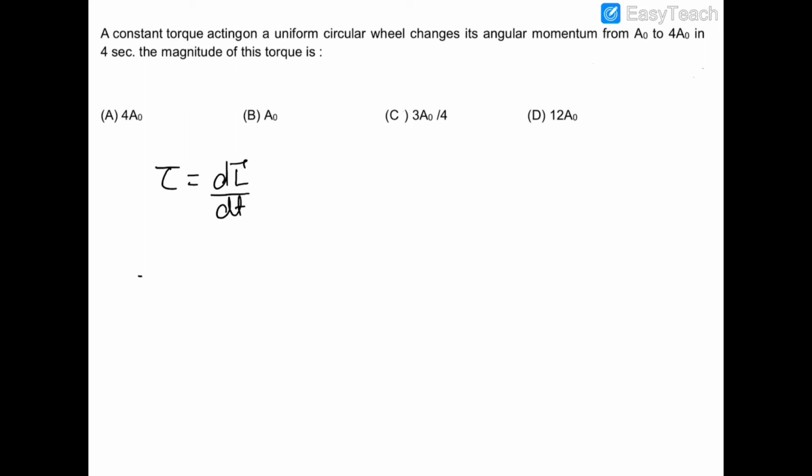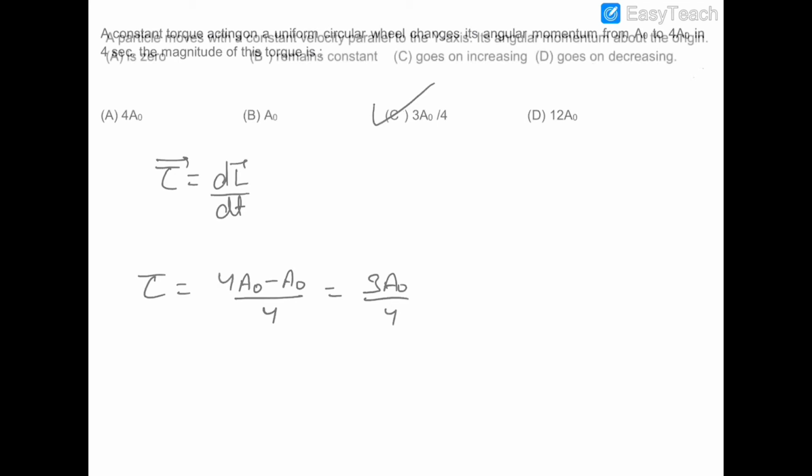So the torque would be equal to the change in angular momentum, 4a naught minus a naught, and the time taken is 4. So the torque would be 3a naught by 4. So the correct answer would be option C. Now let's move on to the next question.